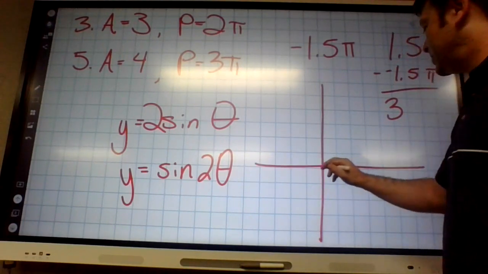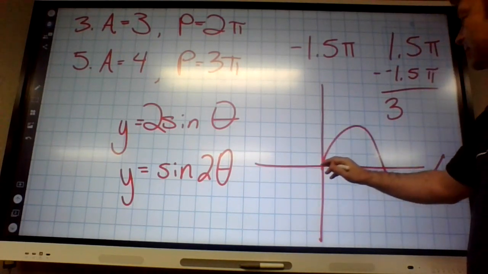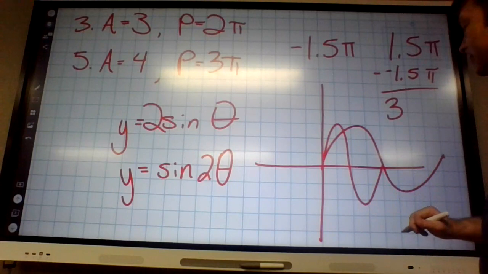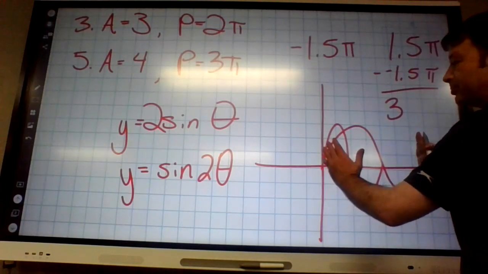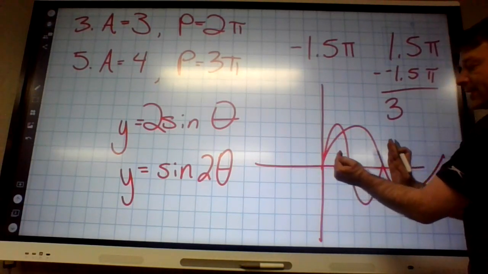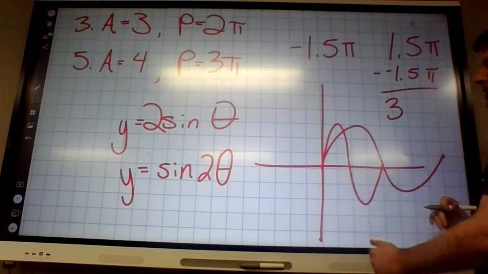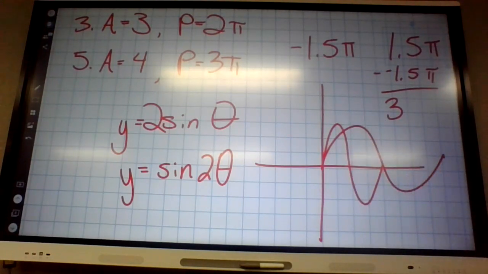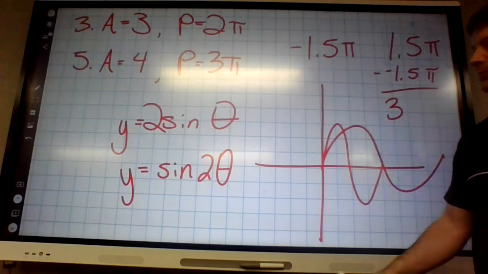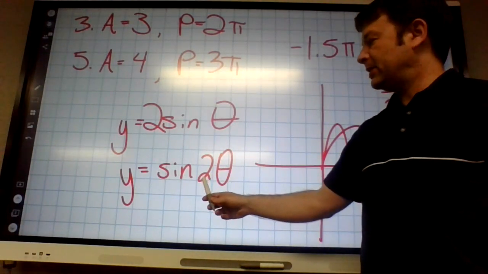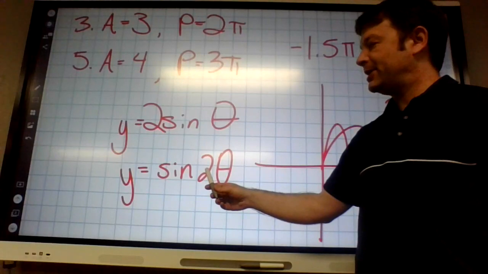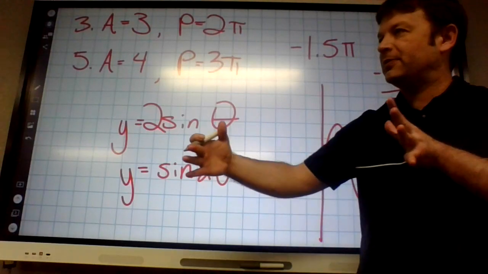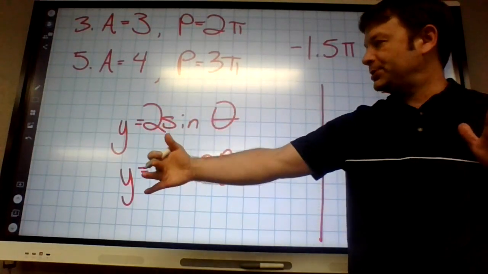So instead of looking like this, it looks like that. It's been compressed, like everything happens twice as fast. It goes through the period twice as fast. So if it was 1/2 instead, it would go half as fast, so it'd be a horizontal stretch.